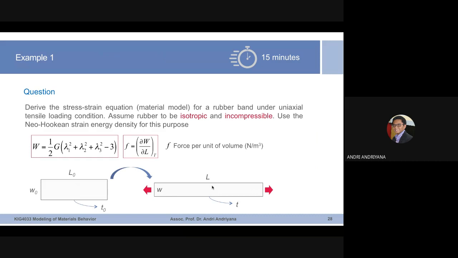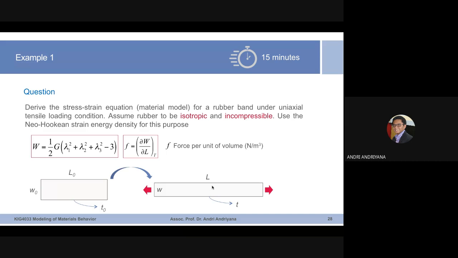The question is that you need to derive the stress-strain equations, considered models or material models, these are similar terms, for a rubber band under uniaxial tensile loading conditions. Assume rubber to be isotropic and incompressible. Use the Neo-Hookean strain energy density for this purpose.